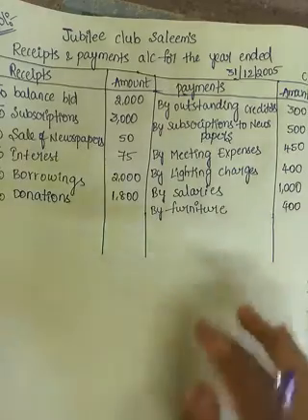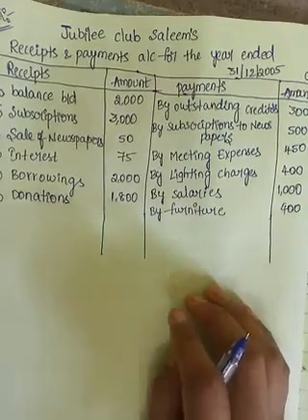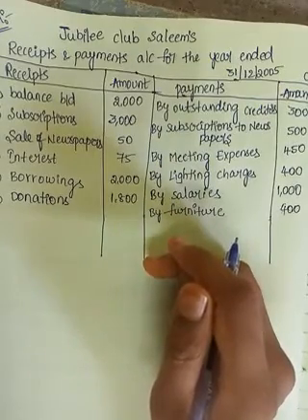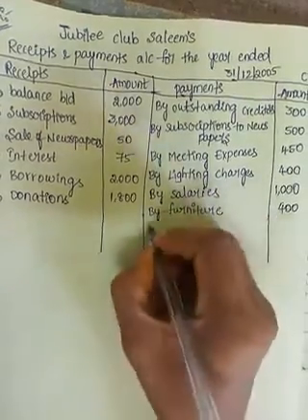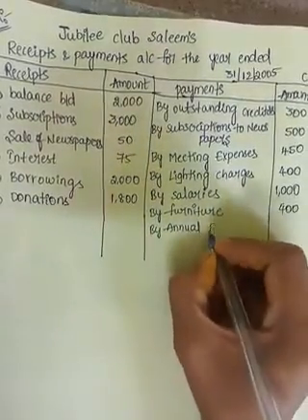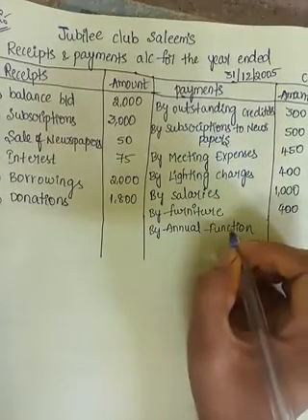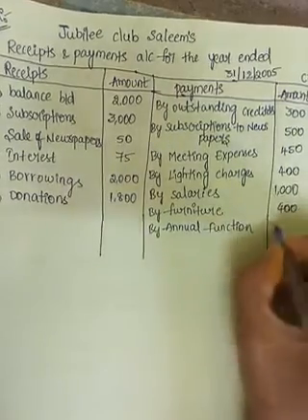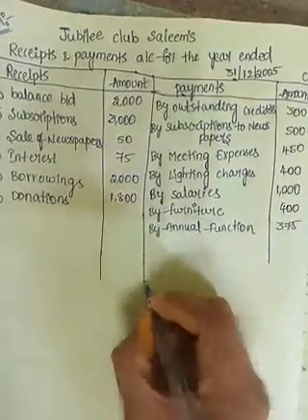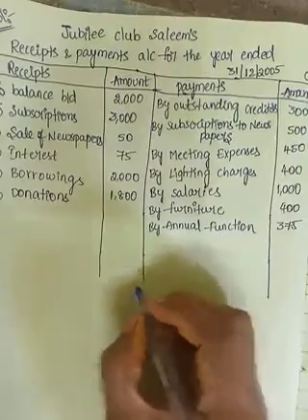Next is expenditure on annual function, by annual function is 375. Okay, that's it.